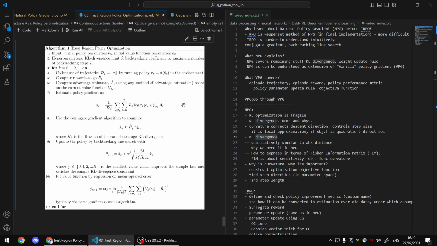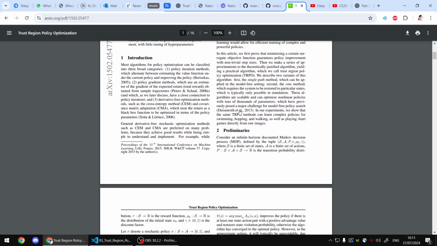Although many papers and resources write that TRPO can be viewed as an extension of natural policy gradient, and in fact they're really similar and share most basic concepts, the theory is actually kind of different in TRPO. So I opened the paper and read what they're trying to say.